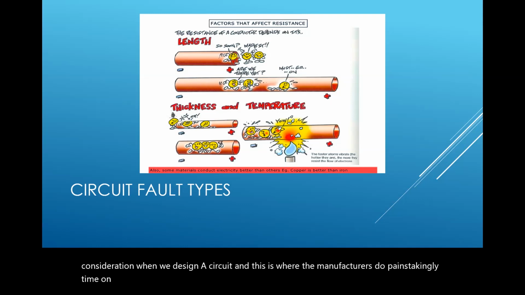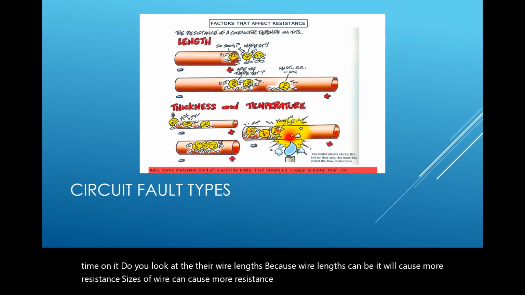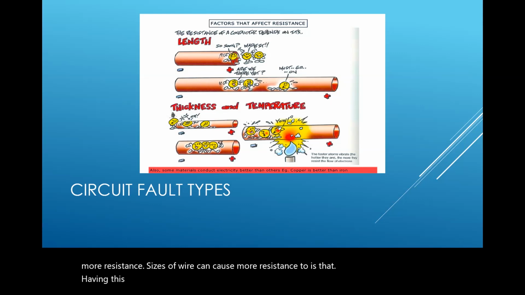You look at their wire lengths, because wire lengths will cause more resistance. Sizes of wire can cause more resistance too. Instead of having this big area for the electrons to flow across, now you put something smaller, it can actually cause heat, and you can actually cause fires too.